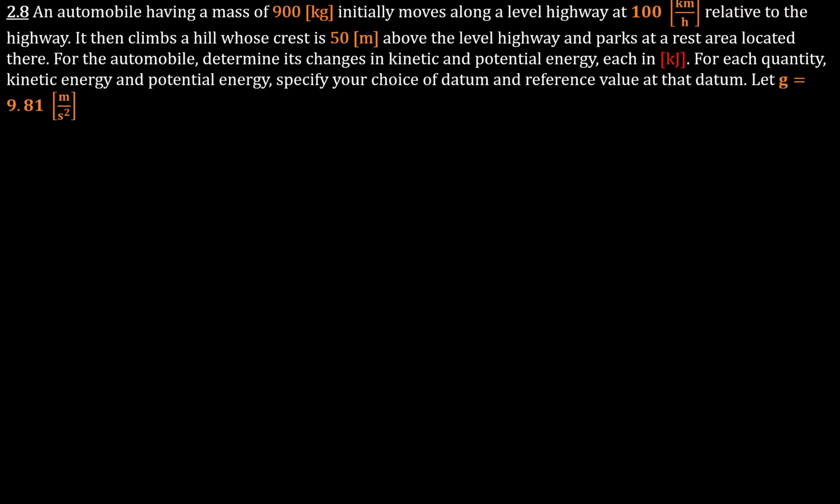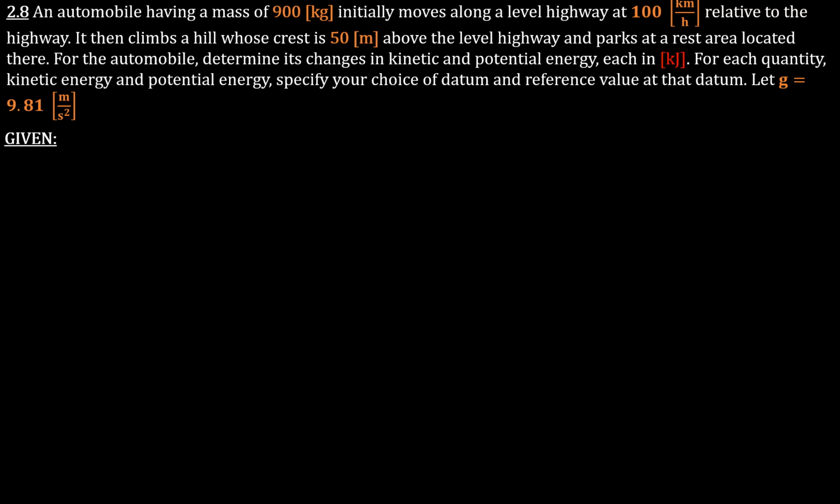Here in this problem, we have an automobile having a mass of 900 kilograms, initially moving along a level highway at 100 kilometers per hour relative to the highway. It then climbs a hill whose crest is 50 meters above the level highway and parks at a rest area located there.